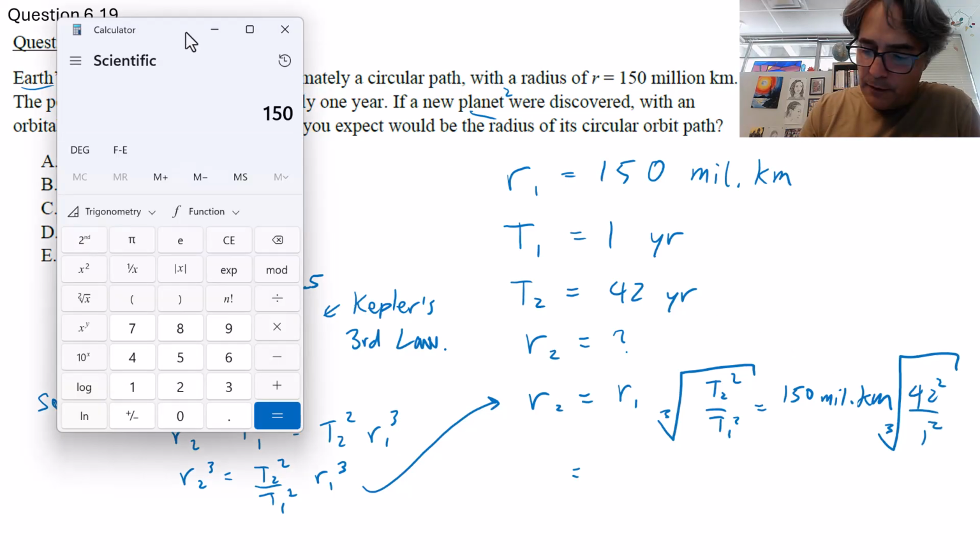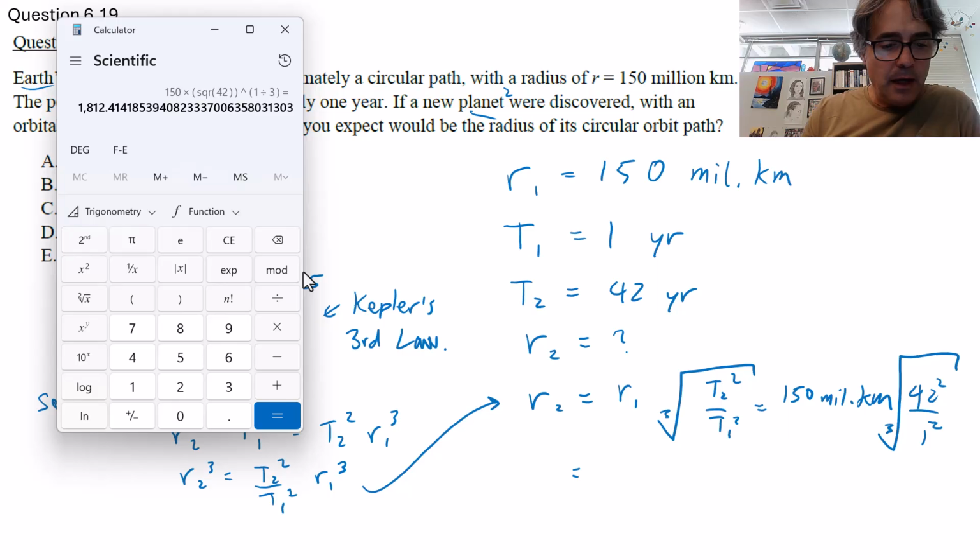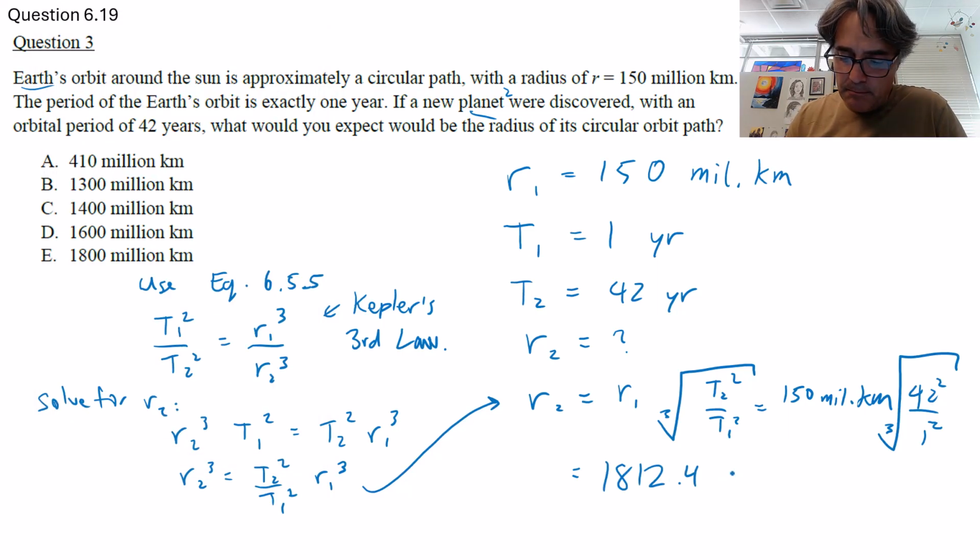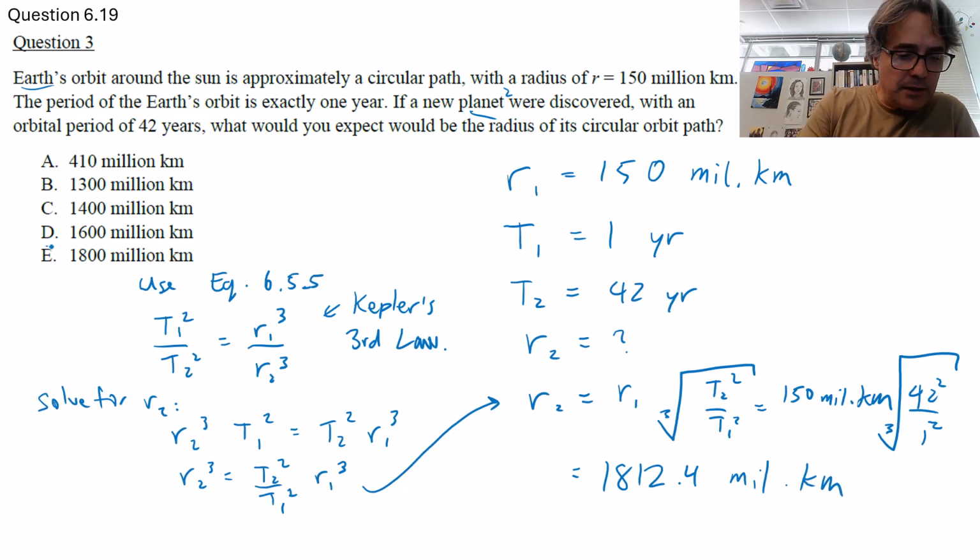So I do 150 times, I'm going to open bracket, do 42 squared inside the bracket, close bracket, and do to the power of a third, which is the same as cube root. And we get 1812.4 million kilometers. So that is closest to E.